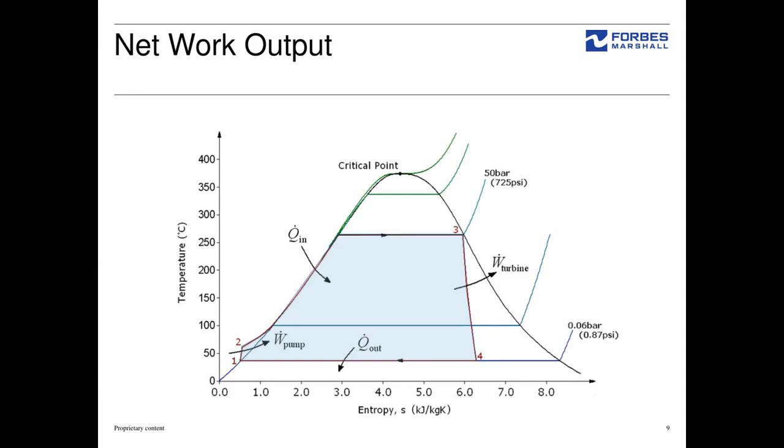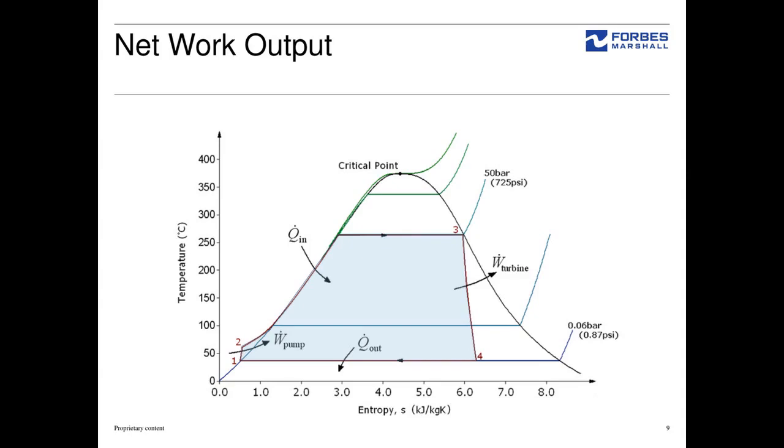As you know, whenever we plot any cycle on a temperature entropy diagram or Mollier chart, clockwise rotation of the cycle like 1 to 2, 2 to 3, 3 to 4 and 4 to 1 actually gives you net work output and heat is given in.